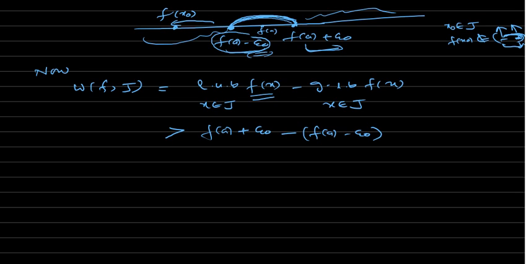f of a is a point, so obviously it is in the interval. Here it's the LUB, here it's the GLB.